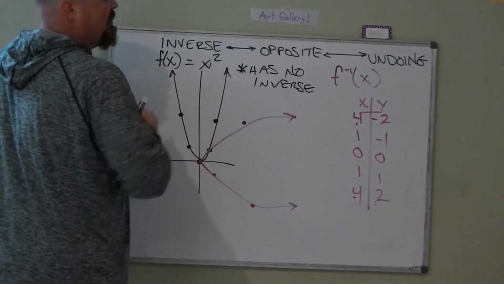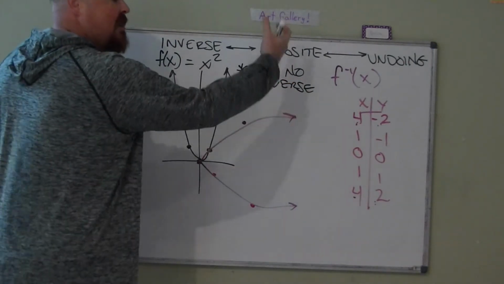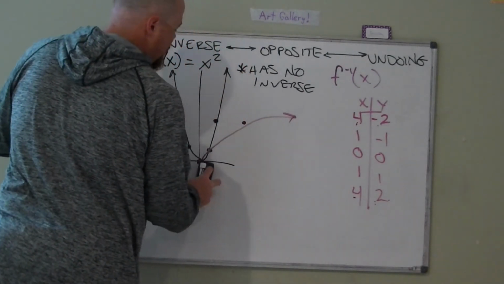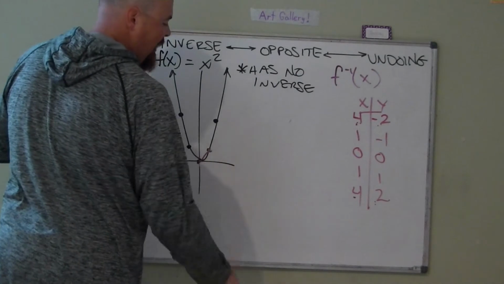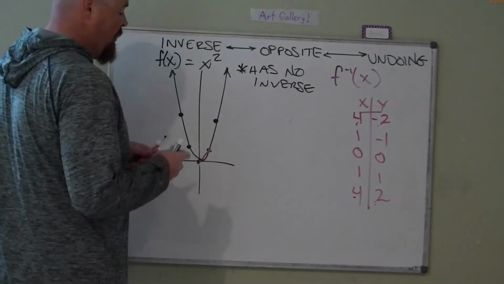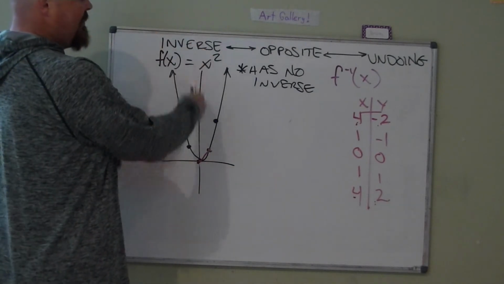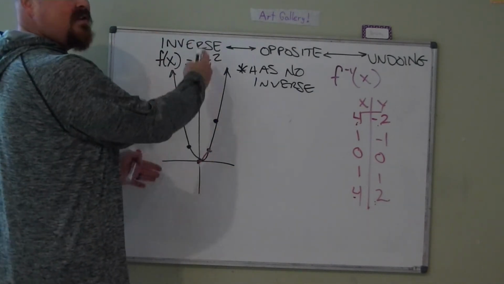Now there's a test that we can do. We don't have to go through this entire procedure every single time, finding x and y values and flipping them. What we can do is look at the function and do what we call the horizontal line test. The vertical line test tests to see if this is a function.